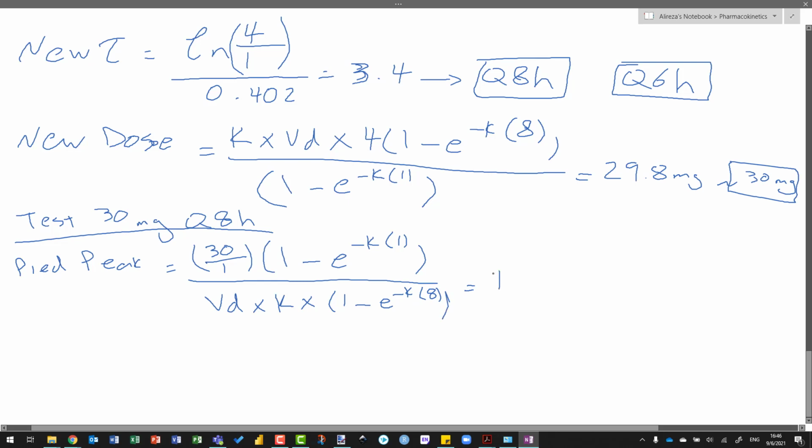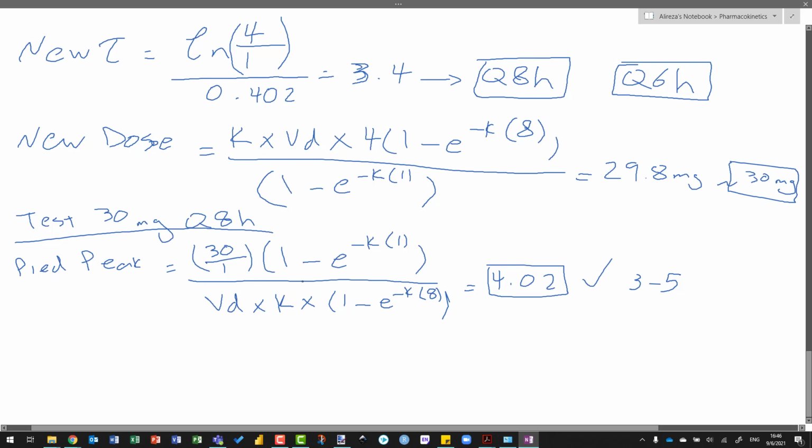And that would give us a peak of 4.02, which is exactly what we want, right? So our goal is 3 to 5. Now for efficacy, it looks like we made it work with the every 8 hours.